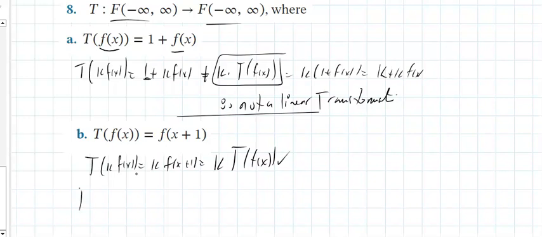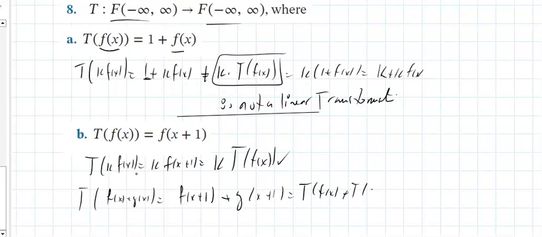And if I apply T on f of x plus g of x, that would be f of x plus 1 plus g of x plus 1, which is T of f of x plus T of g of x. Therefore, it is a linear transformation.